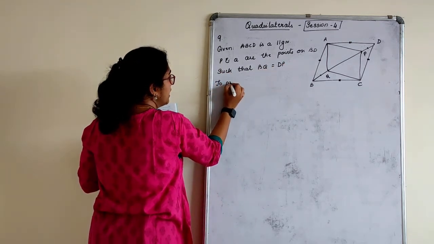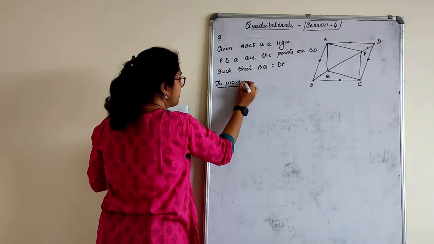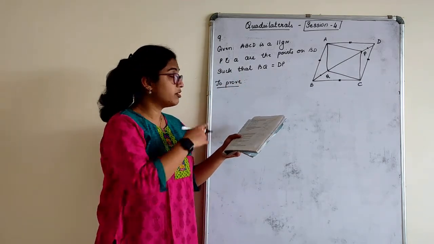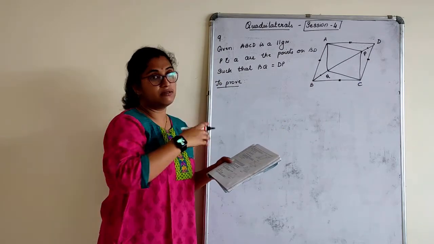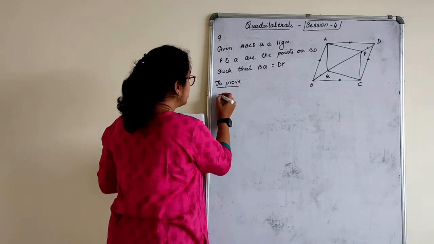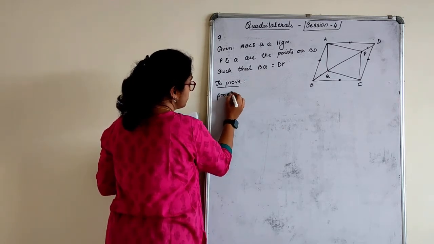To prove: the big list of what they have given, all these five things. They do not fit in here, and I would have to erase so many things. These things we have to prove. I'll directly start with the proof.